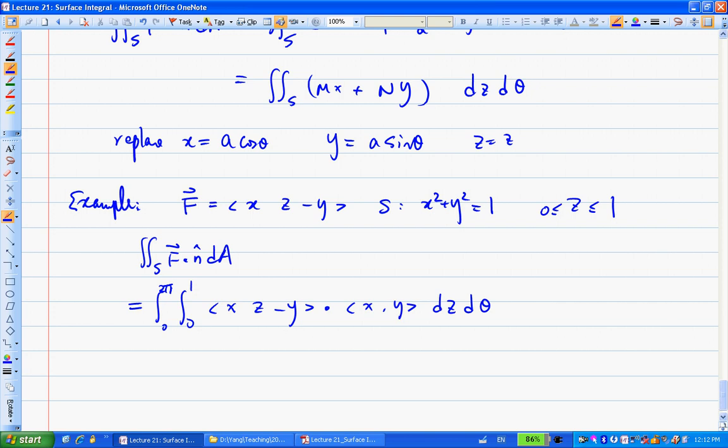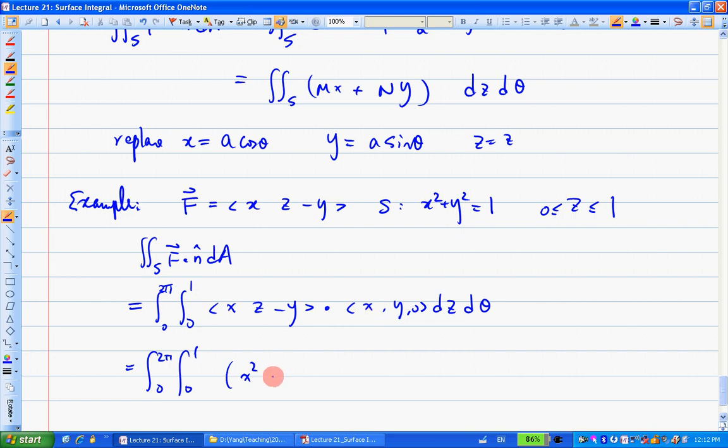Yeah. Okay, so then we're going to calculate this, but we have to do the dot product first. So what do we get? The dot product here ends up with x squared. I missed the 0 here, right? Okay, x, y, z.